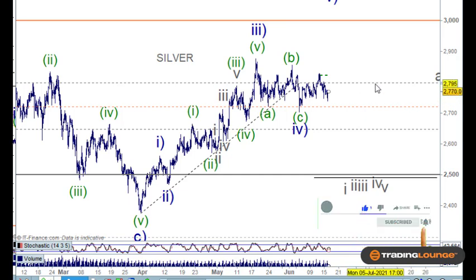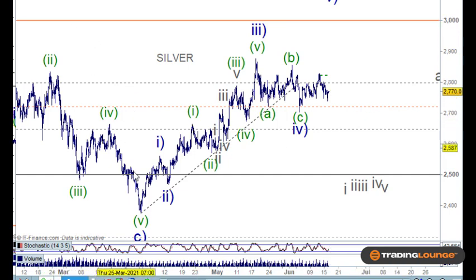But at the same time, we knew that with gold at 1900, that was the 50-60% retracement level from the big move down. So we knew that 1900 for gold and $28 for silver would be an area where the market would just vibrate sideways for a while before pushing up. And that certainly seems to be the case.